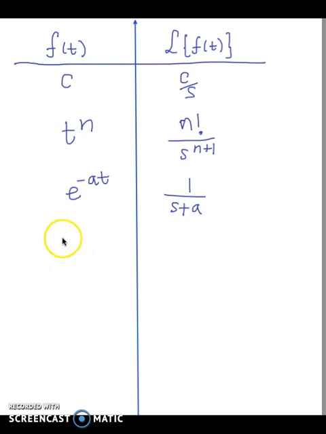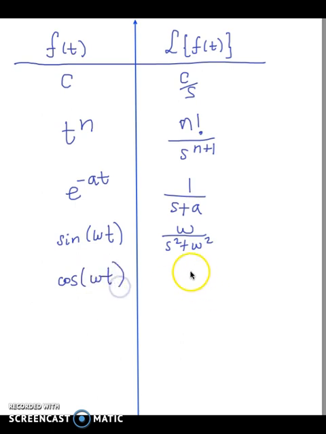For example, sine of omega t. The Laplace transform of sine of omega t is omega over s squared plus omega squared. The function is cosine of omega t. Its Laplace transform is s over s squared plus omega squared.